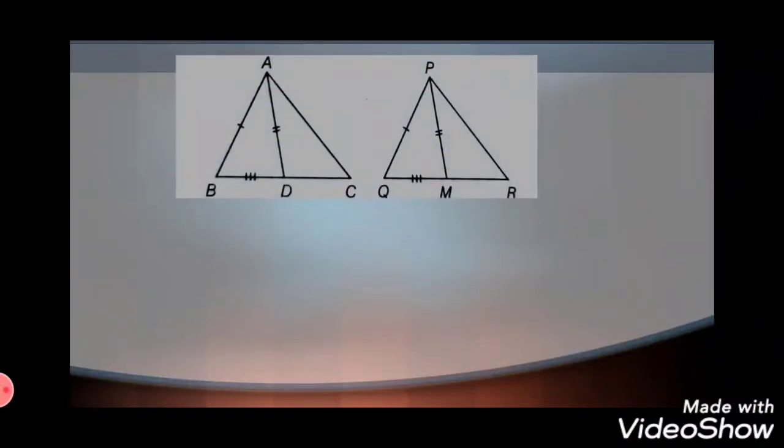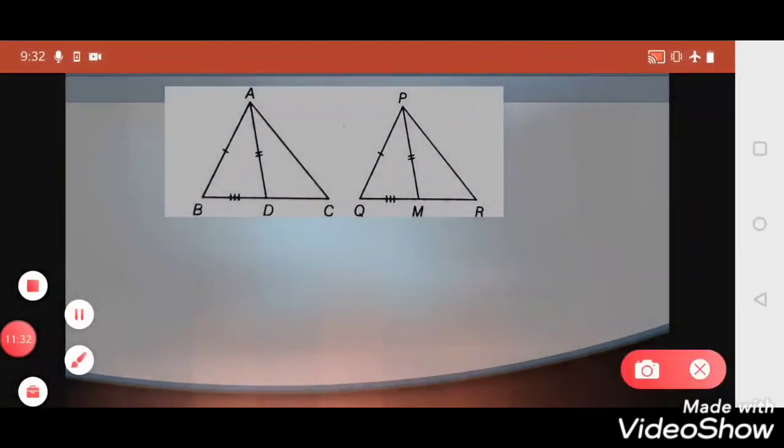Yes, here is the figure. You can see two triangles ABC and PQR, where it is already given AB is equal to PQ. Then it is given that both the medians are equal, that is AD equal to PM.